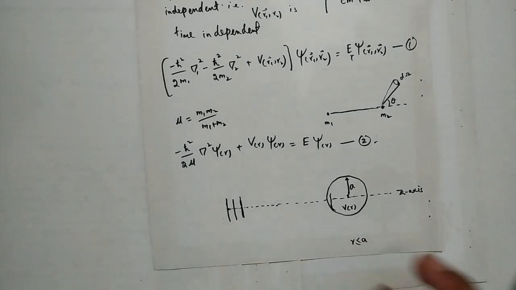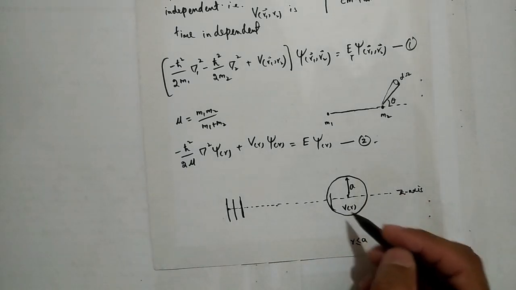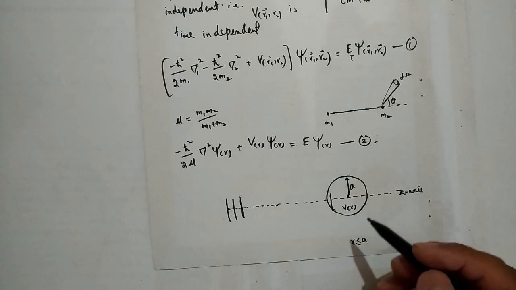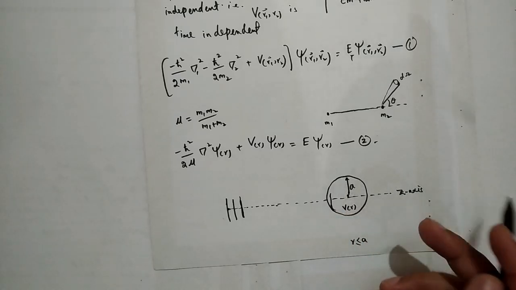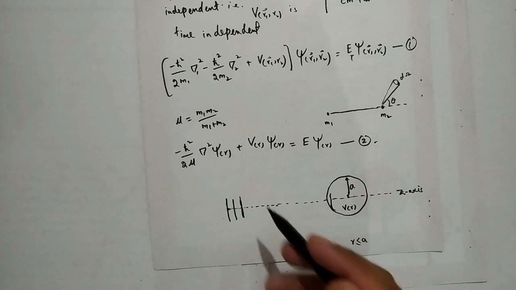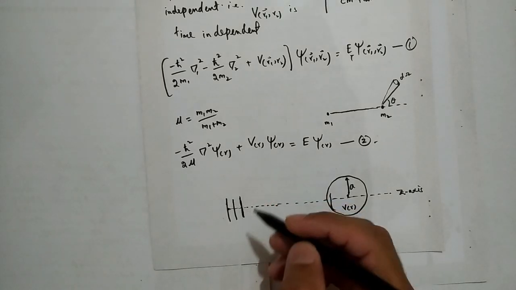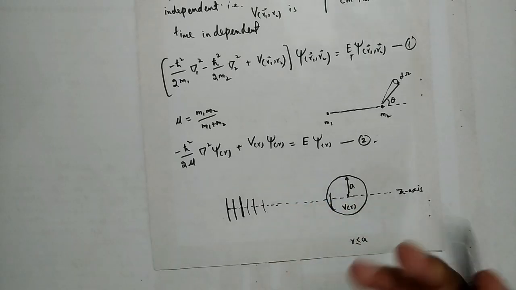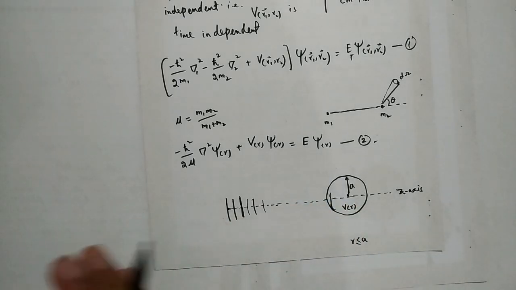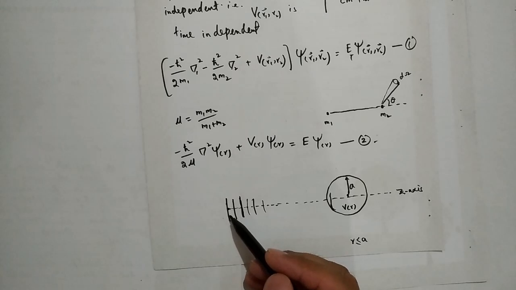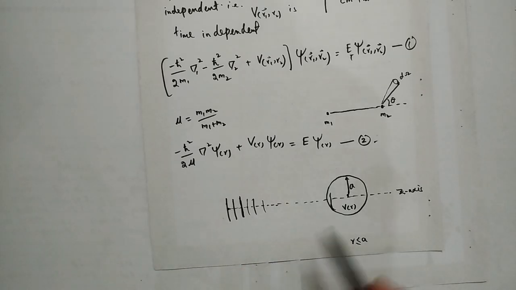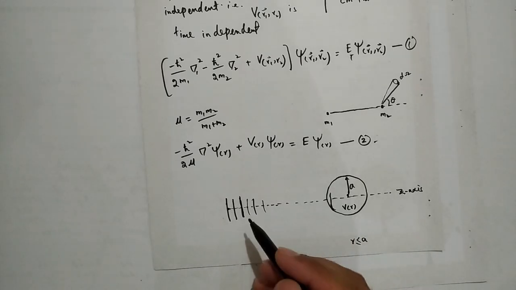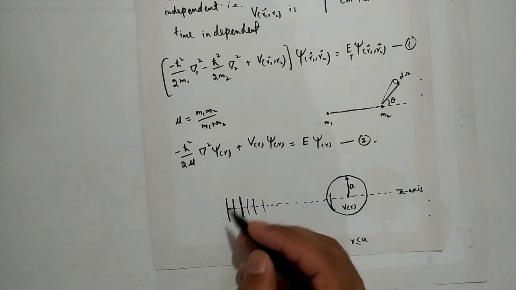So in quantum mechanics the target is considered as a region of some potential, and the incident particle is considered a wave function. Before scattering, the incident particle was far away from the target or the potential region, so it was a free particle.